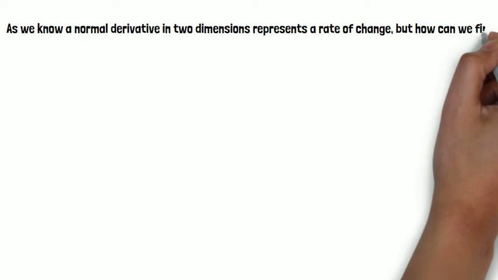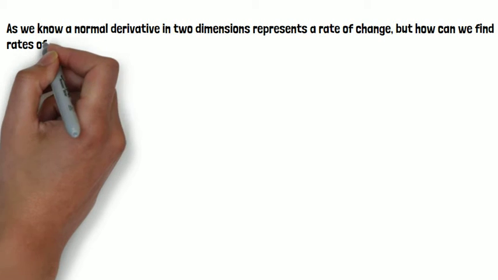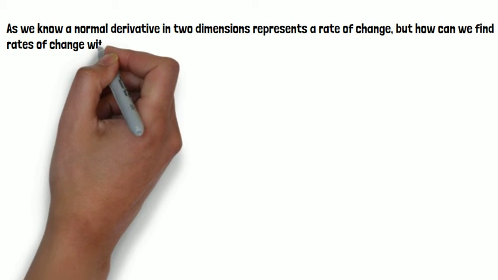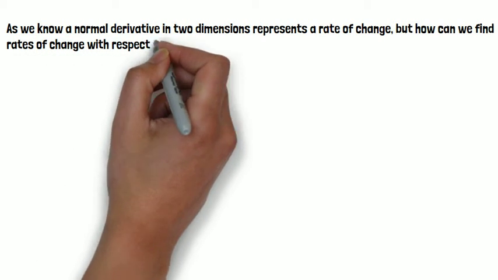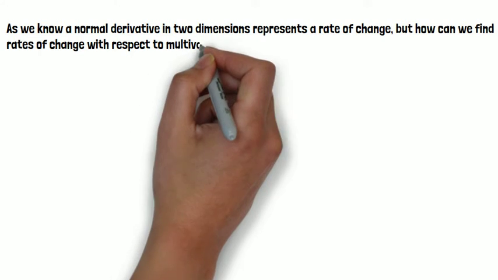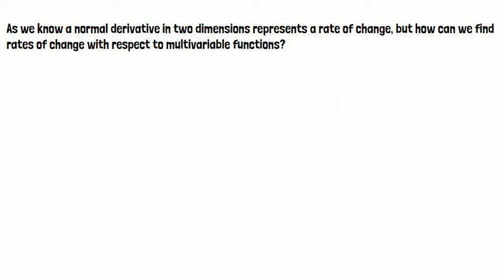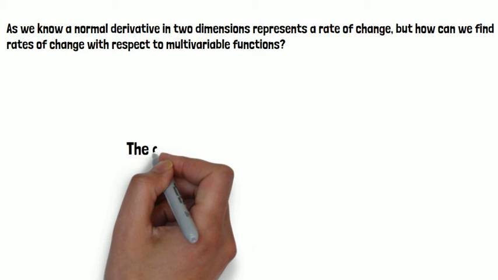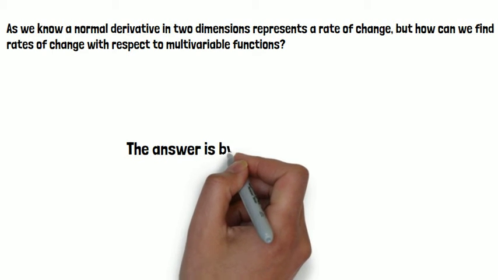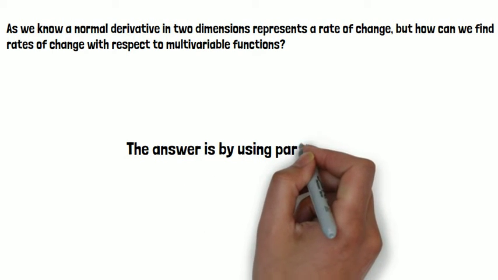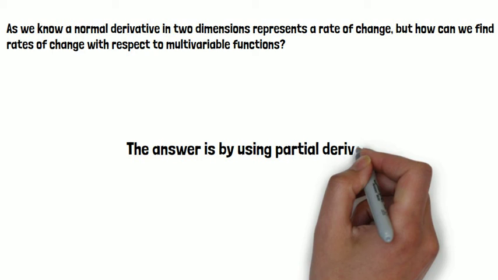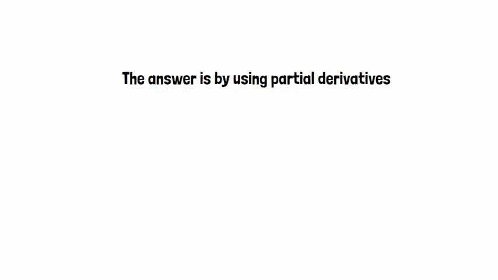But there are other functions where we can map maybe three variables to one, like w equals f of x, y, z. We have three variables, x, y, z, and we map it to some function on a graph which will represent some shape. So how can we take the derivative of that with respect to each variable? Well, we have to use partial derivatives.